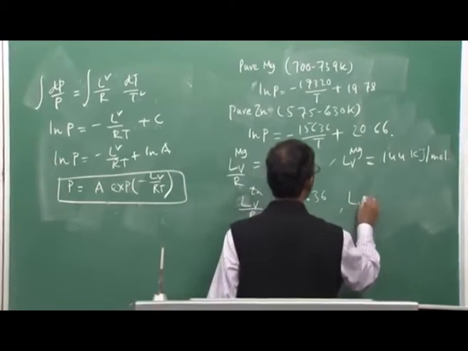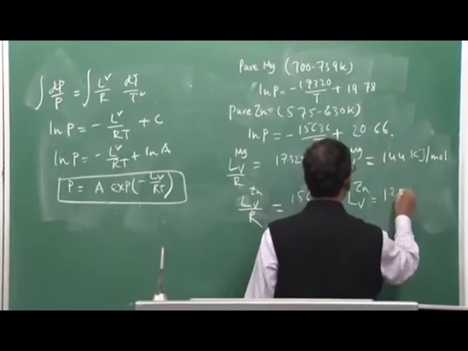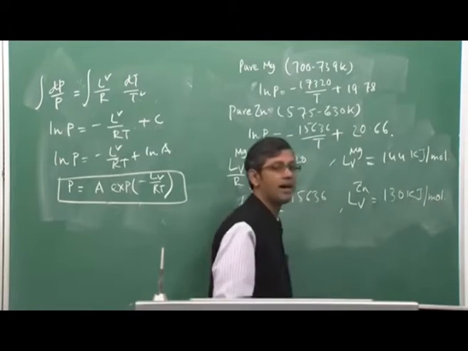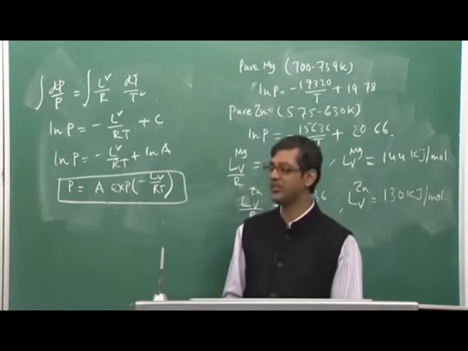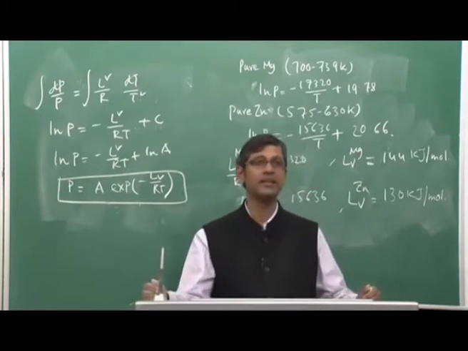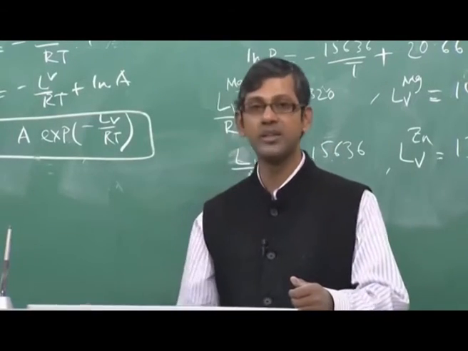Therefore LV zinc is something like 130 kilojoule per mole. You have to know the value of R. The value of R is 8.314 joule per mole Kelvin. Okay, so that is how you can solve these problems.